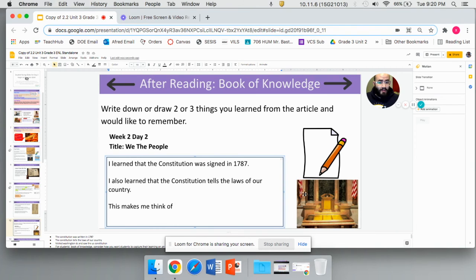And I put a picture of it here on the right. They have it very well protected because it's a very important document. So this makes me think of when I went to Washington, D.C., and saw the U.S. Constitution.